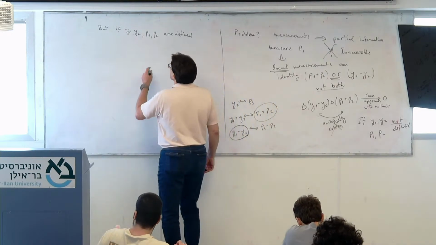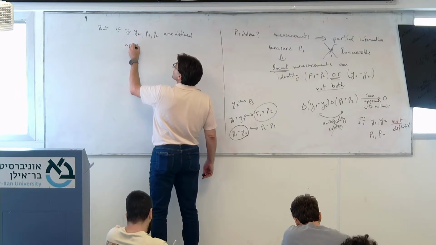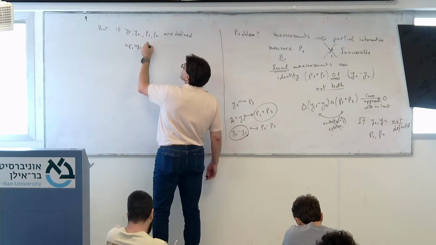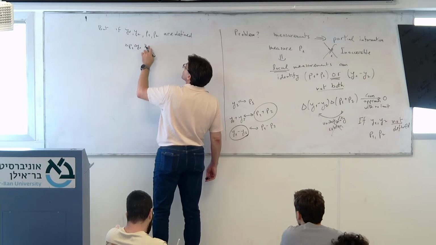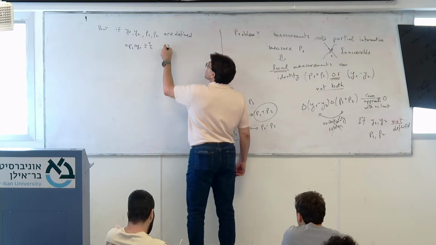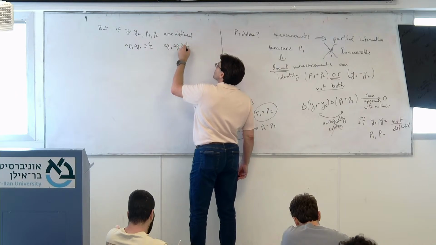So that means there's delta p1, delta y1 larger than, well, half, and the same for delta y2, delta p2 larger than half.